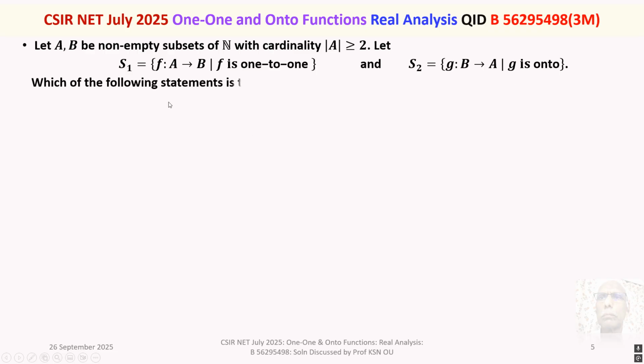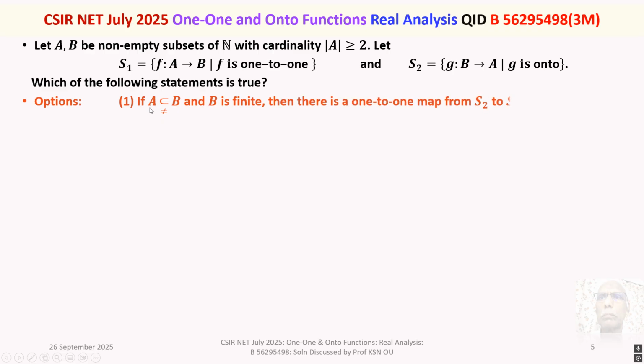Which of the following statements is true? We are given 4 options. Option 1, if A is contained in B, A not equal to B, and B is finite, then there is a one-to-one map from S2 to S1.